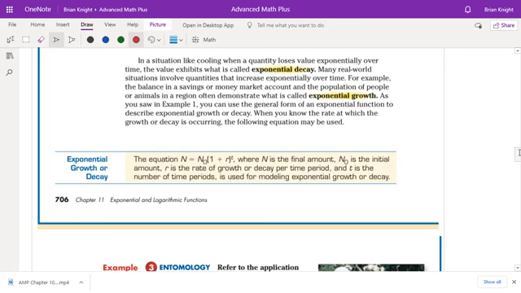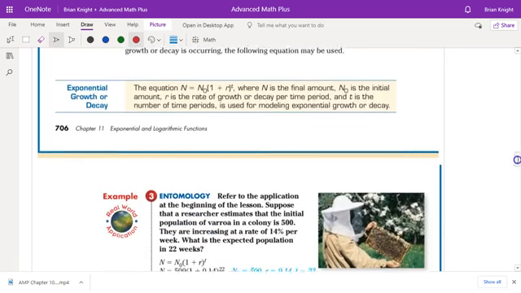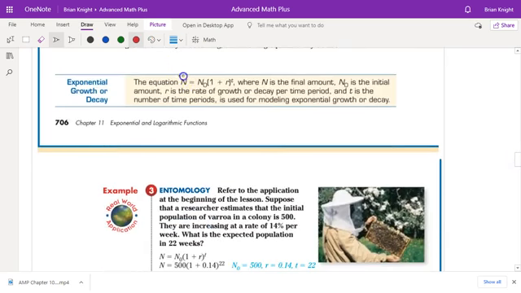All right, so exponential decay and exponential growth, they both go off of this equation right here. So you need to kind of remember that one. What do these letters mean? N is how much you're going to have final, okay? N sub 0, that's your initial amount, okay? Now understand what we're doing here. We're growing or decaying.